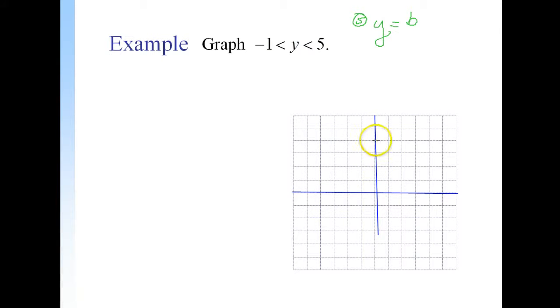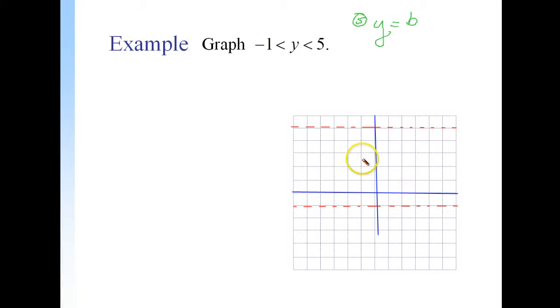One at 5. Now, of course, these should be dotted. So what I'm going to do is just erase that a little bit so it makes a nice dotted line or dashed line. You have that tool.